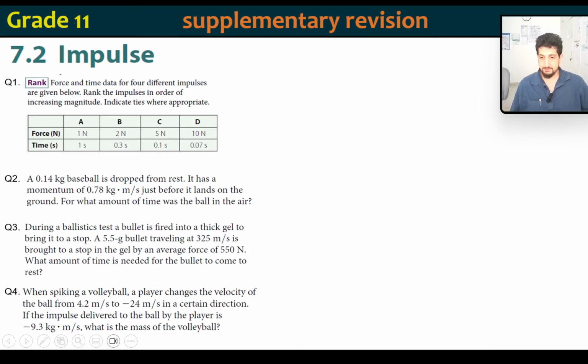Question 4 says, when spiking a volleyball, a player changes the velocity of the ball from 4.2 to -24. Okay, so I'm just going to go back for a very quick, brief explanation. Change in momentum equals P final minus P initial.